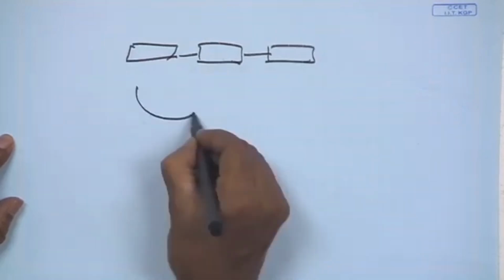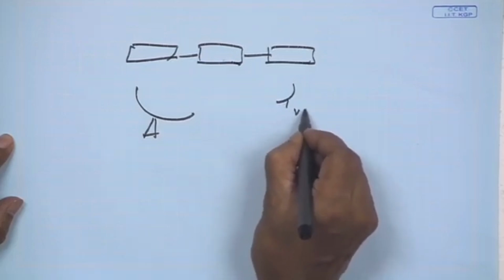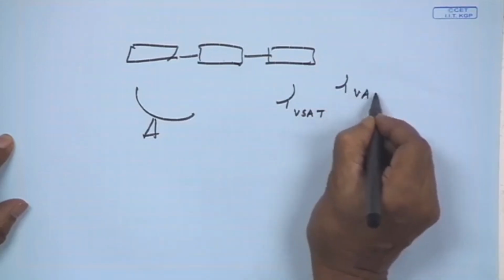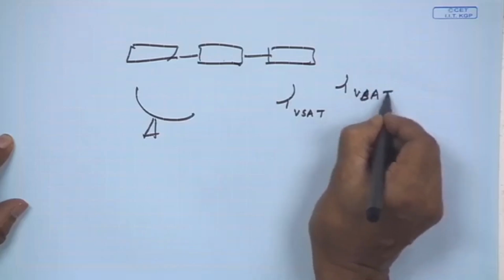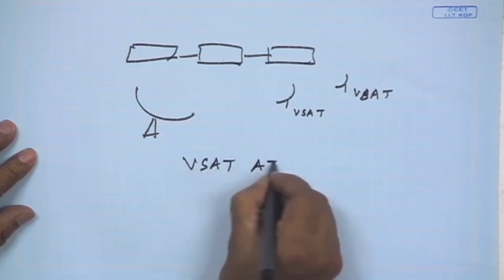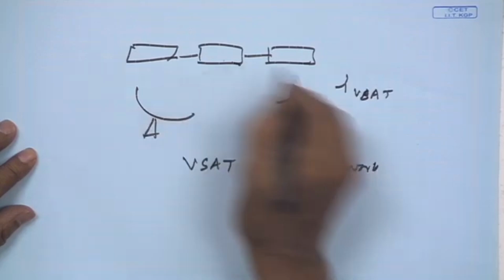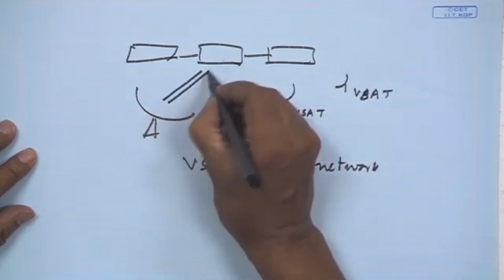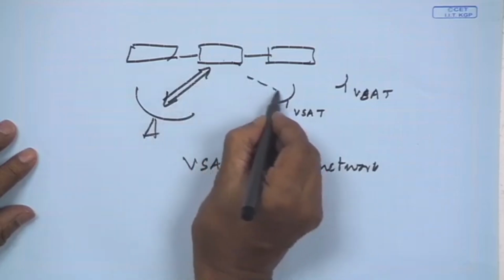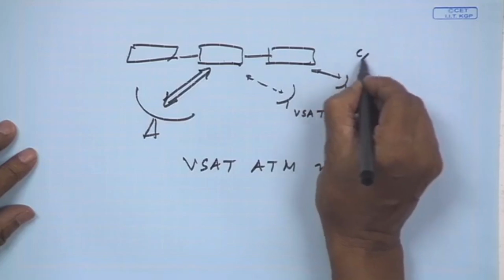This is a satellite, this is a hub, and they are VSAT, very small aperture terminals, which you have seen in bank ATM. So, it is a VSAT ATM network. Another example where it is two-way communication. So, this is fat in uplink and downlink, and this is thin in uplink and downlink in terms of C by N naught.